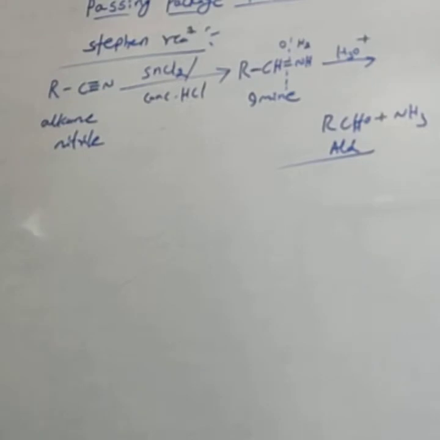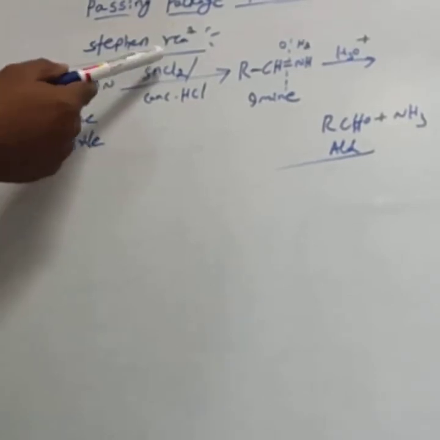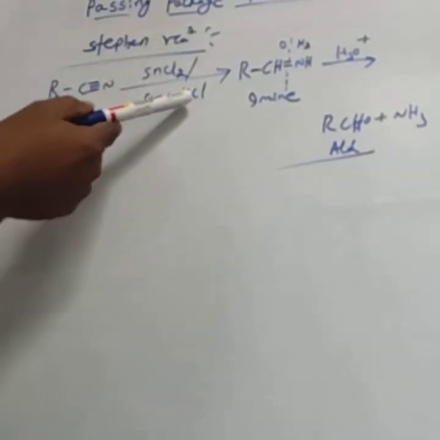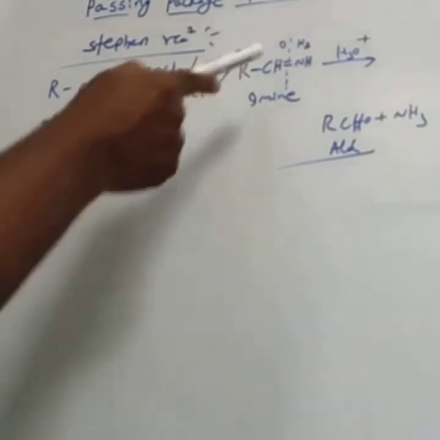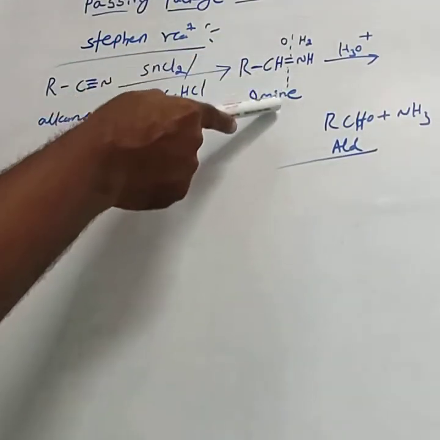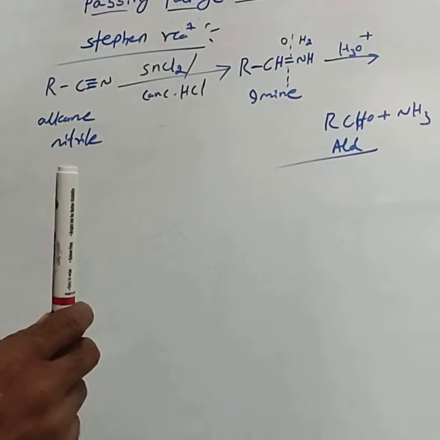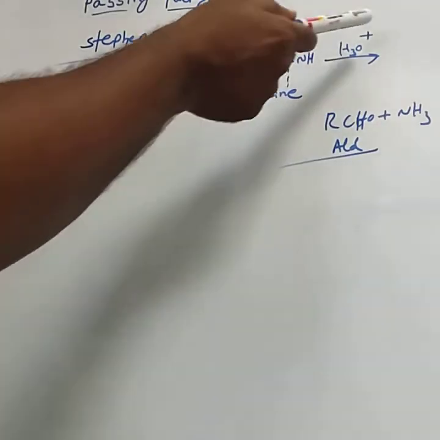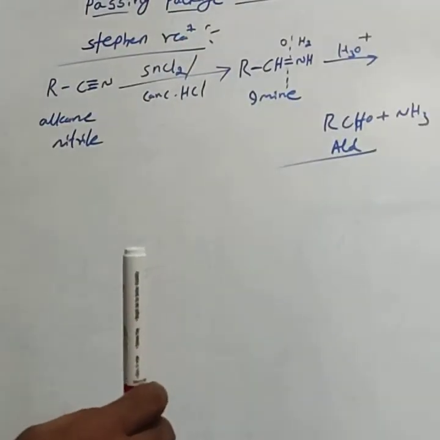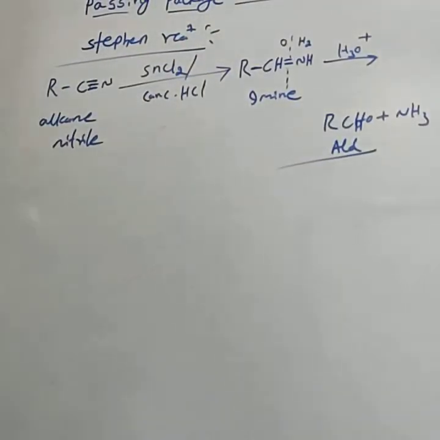This reaction is called the Stephen reaction. Stephen reaction means alkane nitrile on reduction by using stannous chloride in concentrated HCl, the corresponding imine is formed. Imine on acid hydrolysis, aldehydes are formed. This is about the Stephen reaction. You copy this one.